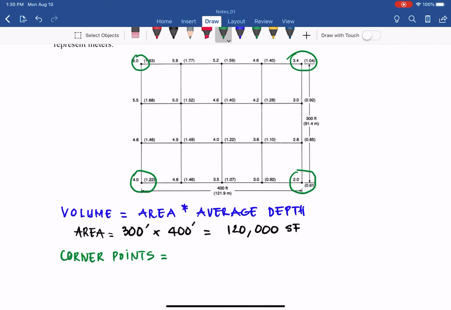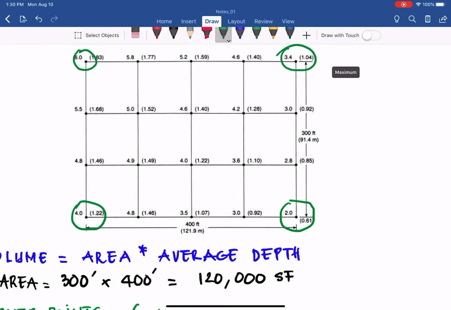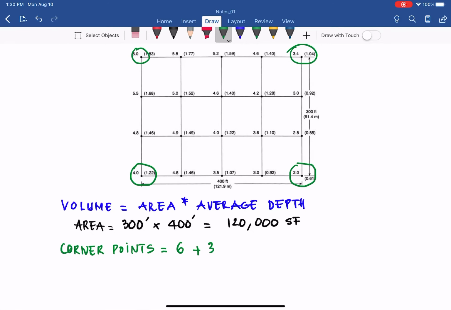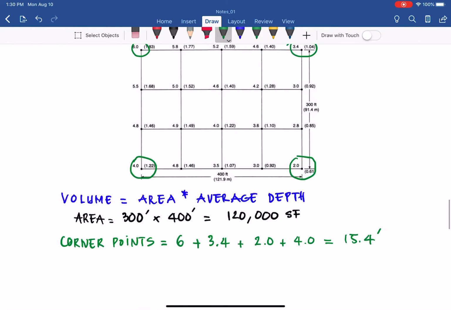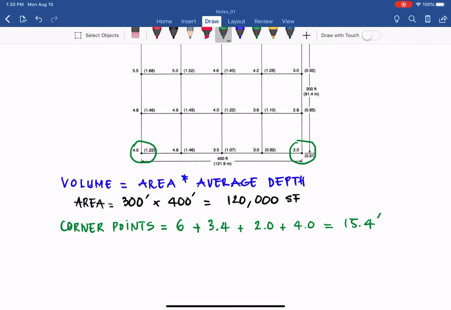Let's go from the top left and go clockwise. We have 6 feet. The second one, 3.4, plus 2, plus 4.0. So from that we have 15.4 feet. So the total depth of the cut for those corner points is 15.4 feet.